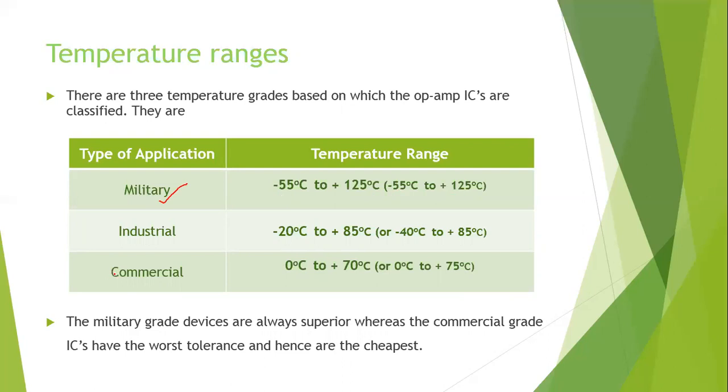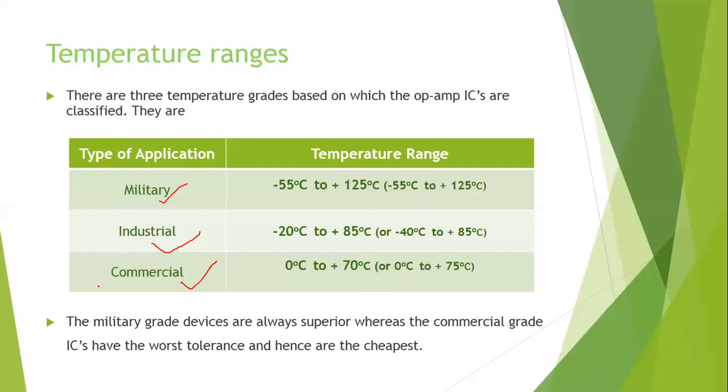For industrial purposes, it will be minus 20 degrees Celsius to plus 85 degrees Celsius, or minus 40 degrees Celsius to plus 85 degrees Celsius. Next, for commercial purposes, 0 degrees to plus 70 degrees Celsius, or 0 degrees to plus 75 degrees Celsius. So these are the different temperature ranges chosen for different applications.